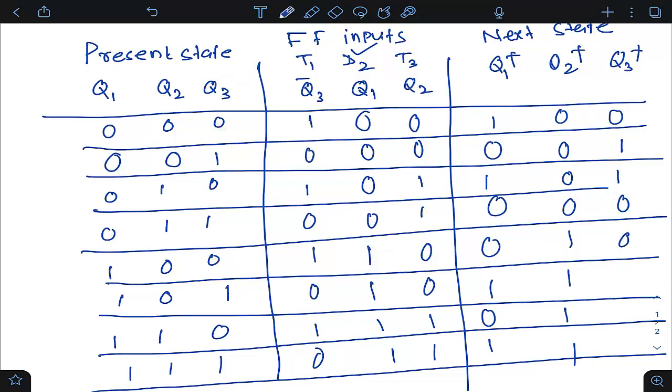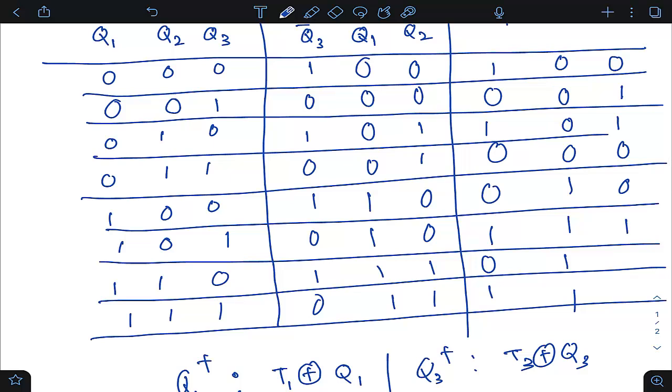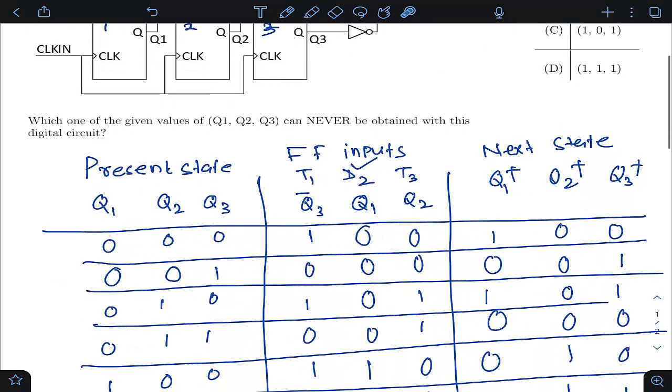So this is 0. Then 1 0 1, 0 1 1 and 1 1 0. Is that fine? Then 0 1 1, 1 0 1, 0 0 0, 1 1 0, 0 1 1, 1 0 1, 0 0 0. Fine. So that is what.